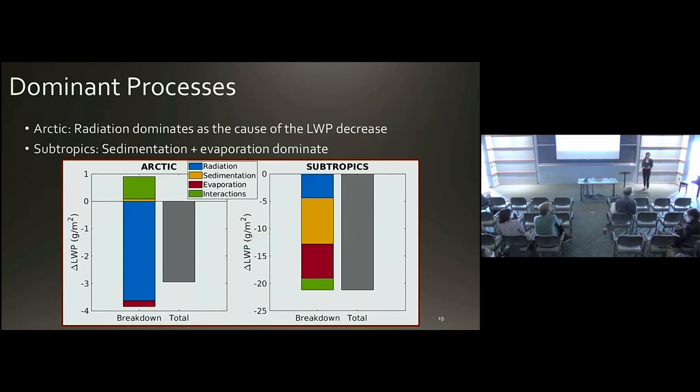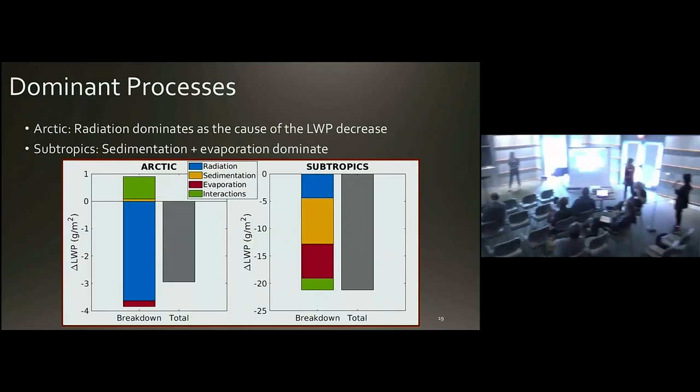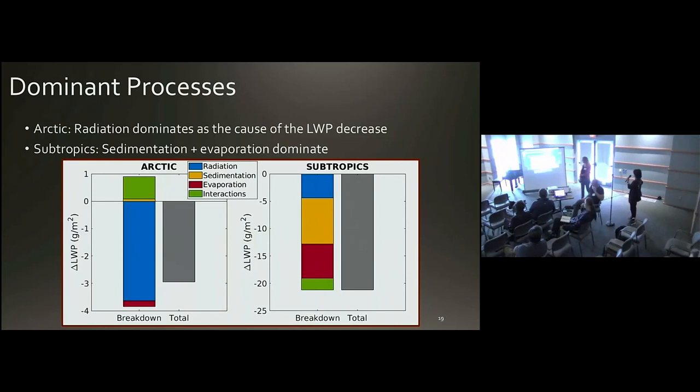Any more questions? No? Then, yeah, maybe a naive question because I didn't do any research on the Arctic clouds. You mentioned in the beginning that the Arctic cloud, even though it's mixed phase, is mainly dominated by the liquid phase.